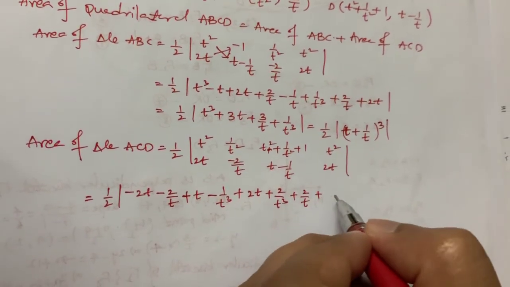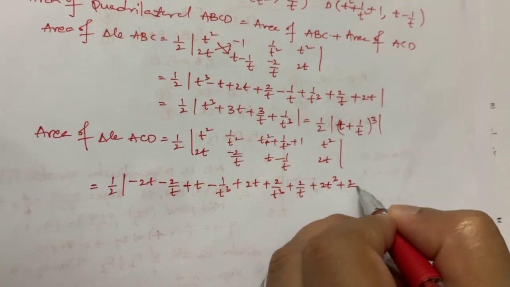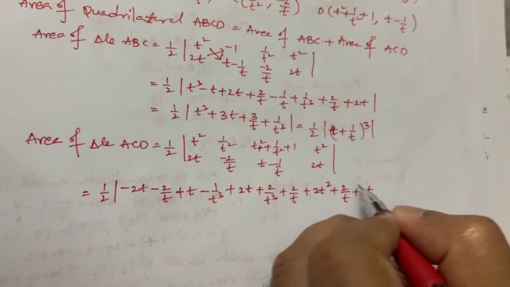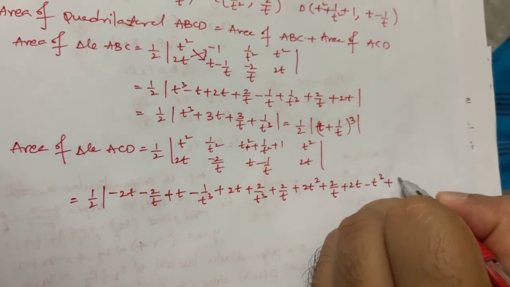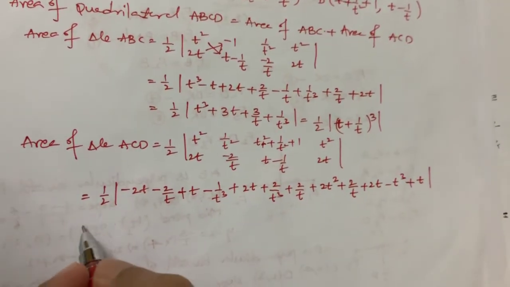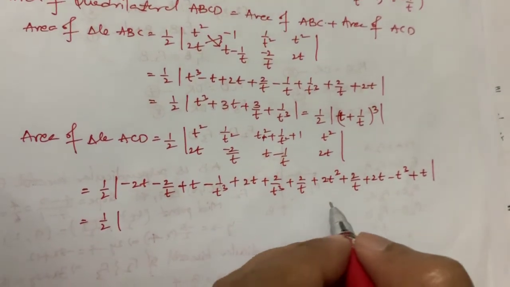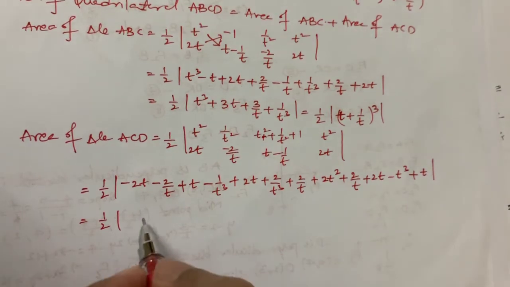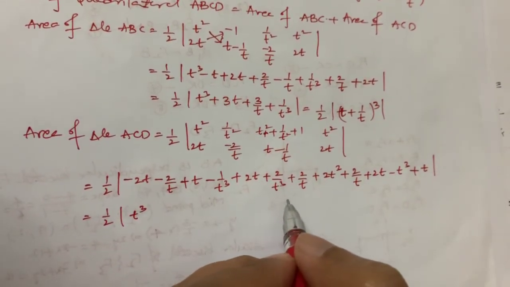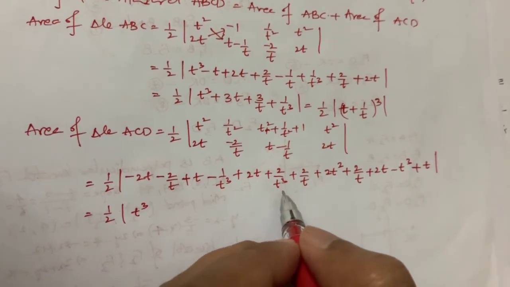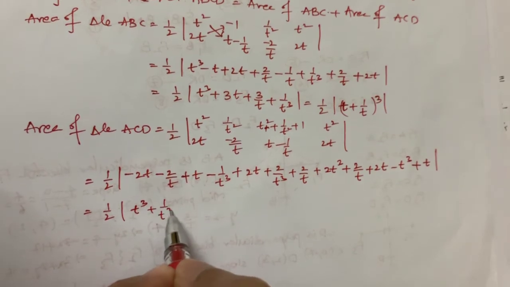Here if I cross multiply, 2t cube plus 2 by t plus 2t, minus t cube plus t. So that's half. See for t cube terms, 2t cube minus t cube, so t cube. Again 1 by t cube: 2 by t cube minus 1 by t cube is plus 1 by t cube.